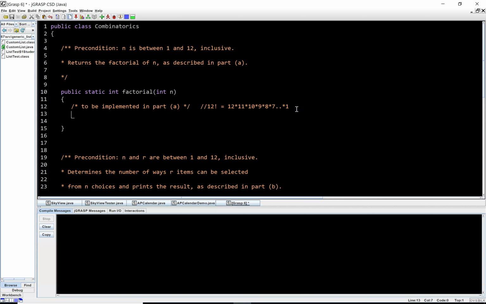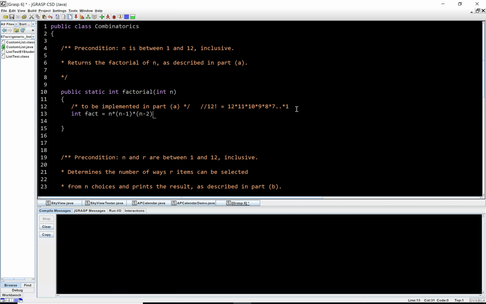Now, in class I mentioned how one way to do this would be something like this. Int fact equals n. I want to multiply n, that's 12, times n minus 1, which would be 12 minus 1 is 11. So 12 times 11 times n minus 2, that would be 12 minus 2 is 10.